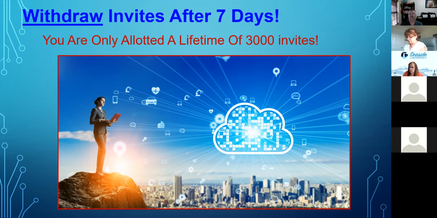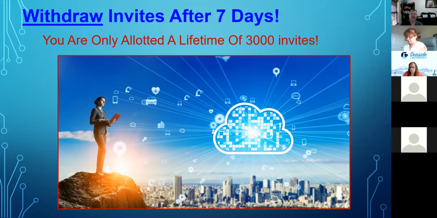And I recommend that you go in once a week to see who connected with you, and the ones that did not connect with you after 7 days, that's long enough. You've been patient enough. Go ahead and withdraw the invite.